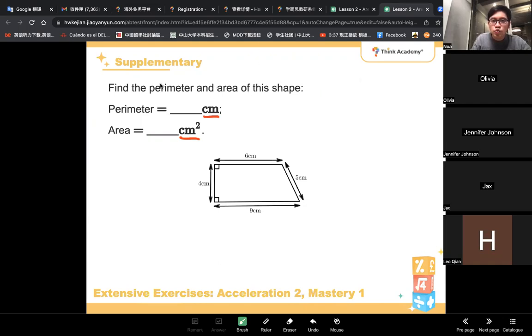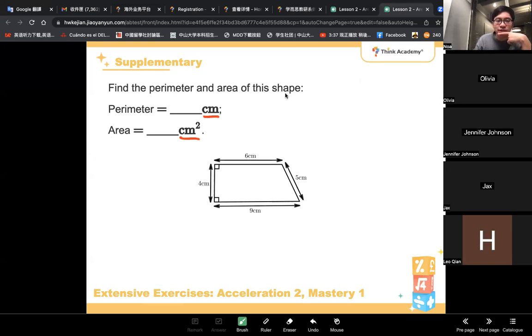For this trapezium, the shape is trapezium. Good job, Newton. Good job, Cyrus. Luncheon, good job. Kobe, good job.